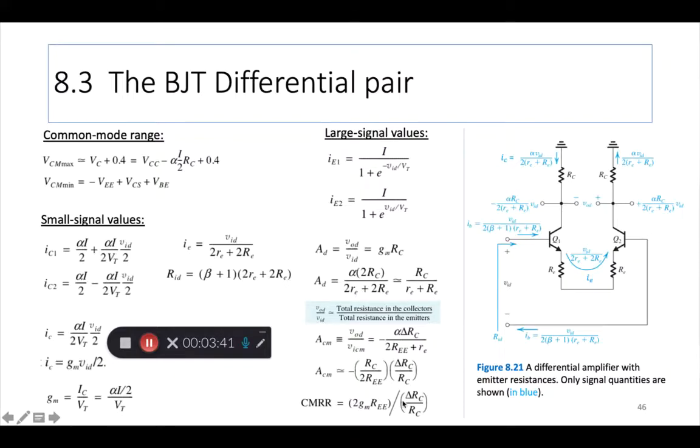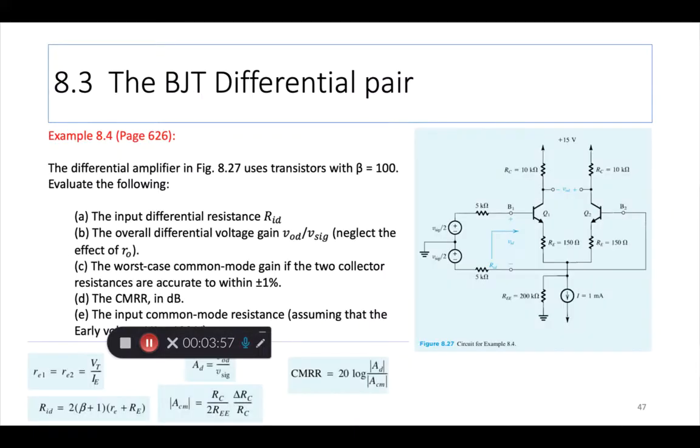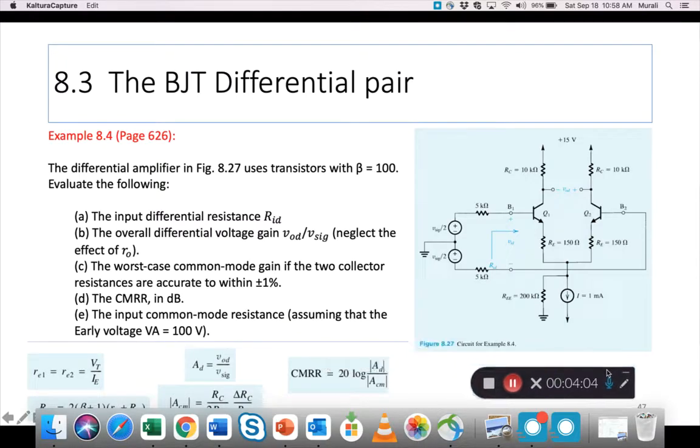So all this is summarized and the analysis is pretty much similar. The big difference is that there is a base current in BJT circuits, while there is no gate current in MOS circuits, so that adds some complication. There's an example from the textbook that if we have time, we'll come back to.